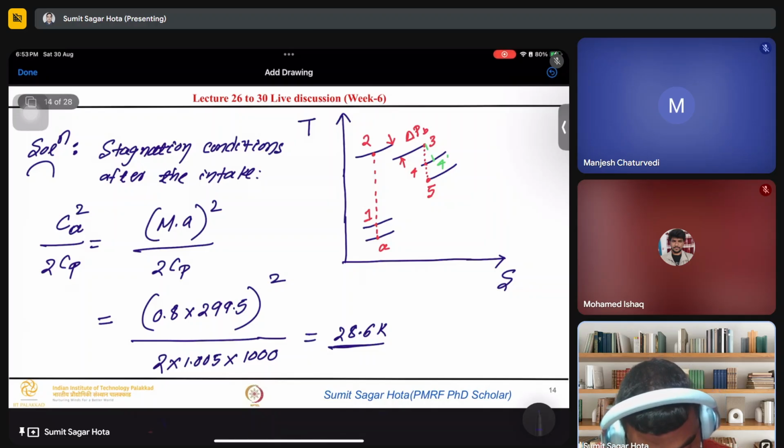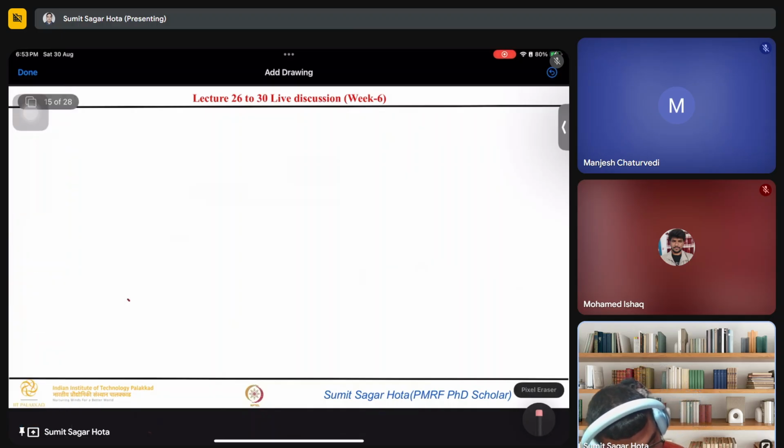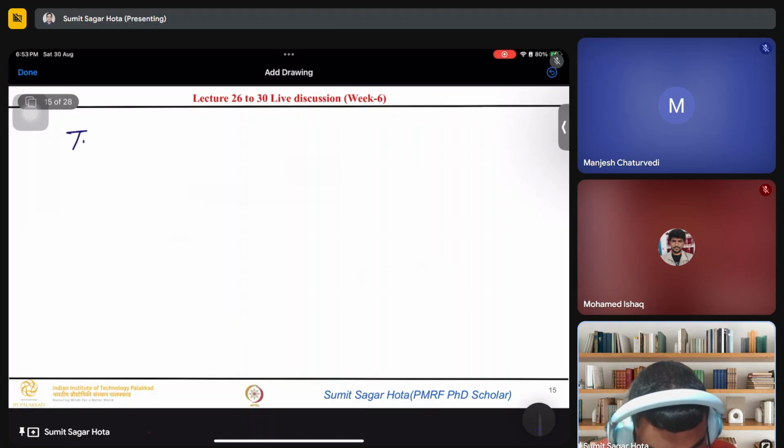Now why do I find it? Because we need to find out T1, and for finding T1, the stagnation condition after the intake is required. So T1 is equal to Ta plus Ca square divided by 2Cp.